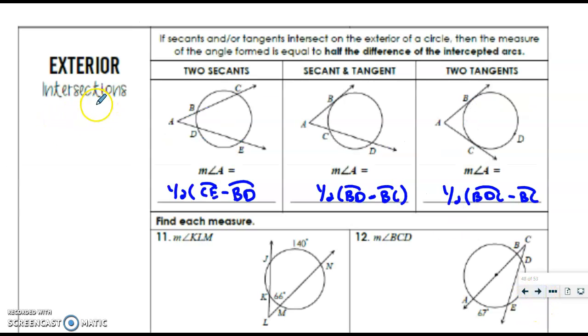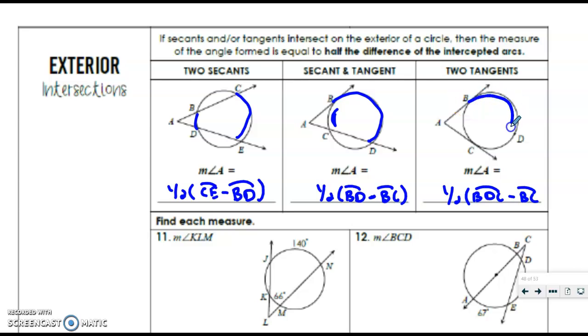Now, if I look at exterior relationships, when I look at these two angles, they are intersecting outside. We are taking half of the difference of those two arcs. So we're taking half of CE minus BD. Same idea here. We're going to take half of whatever BD is, and then subtract BC from that.